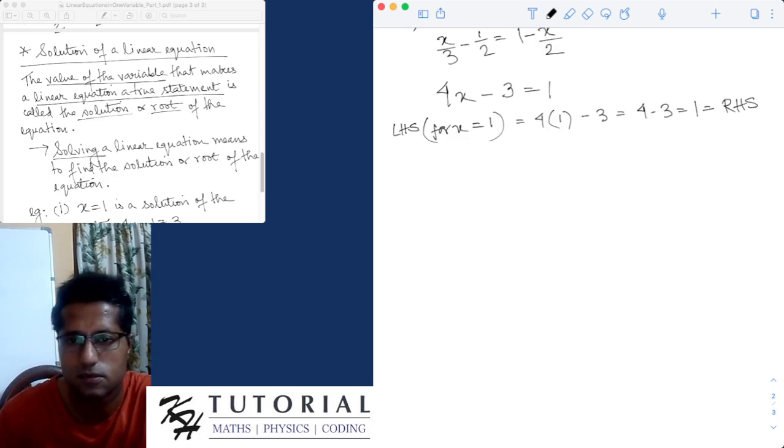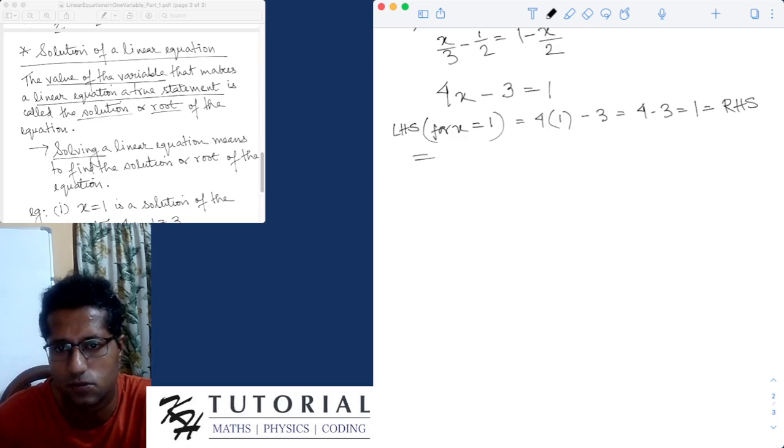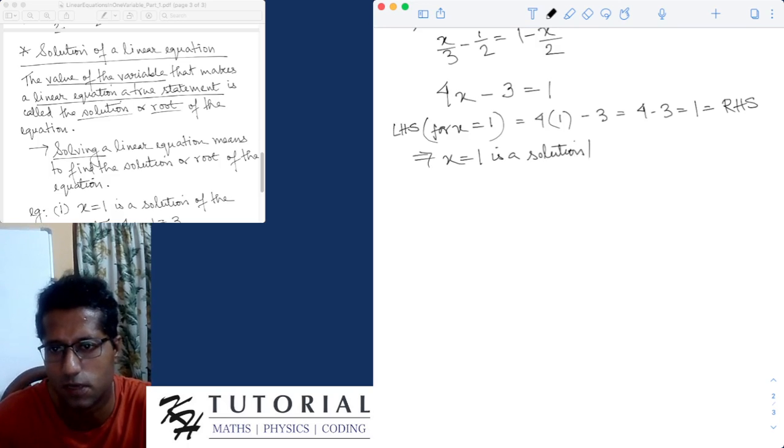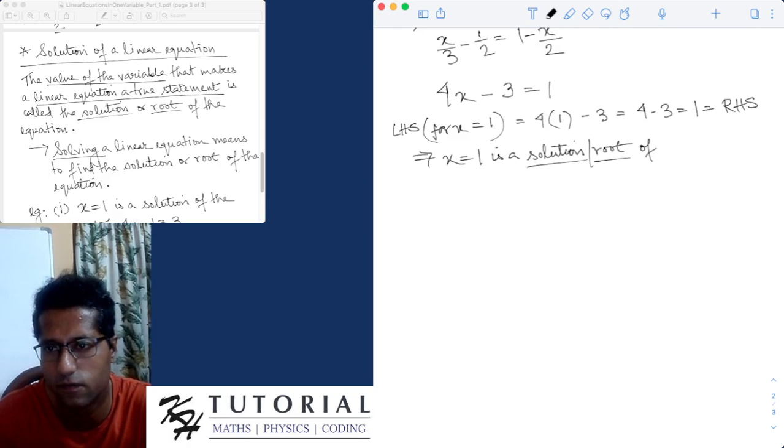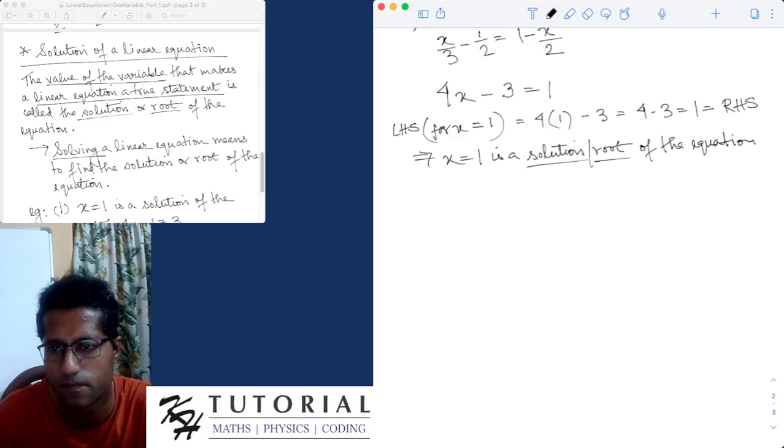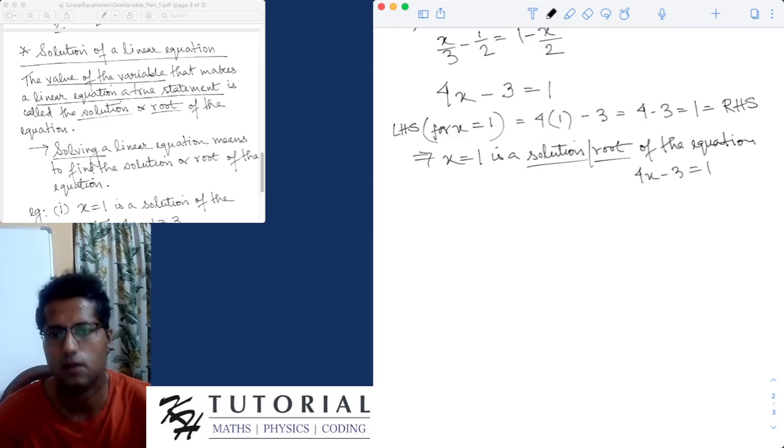So we say that x equals 1 is a solution. It is also known as root. Both words mean the same thing: a solution or root of the linear equation 4x minus 3 equals 1.